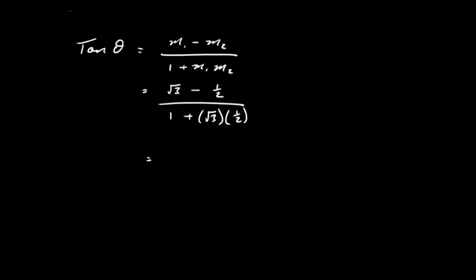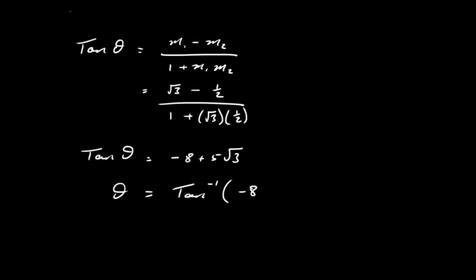Okay, so once you stick all that into your calculator, you get minus 8 plus 5 root 3. So theta then, this is the tan of theta, remember? So we want to find theta, so that's just going to be the tan inverse of all of this.